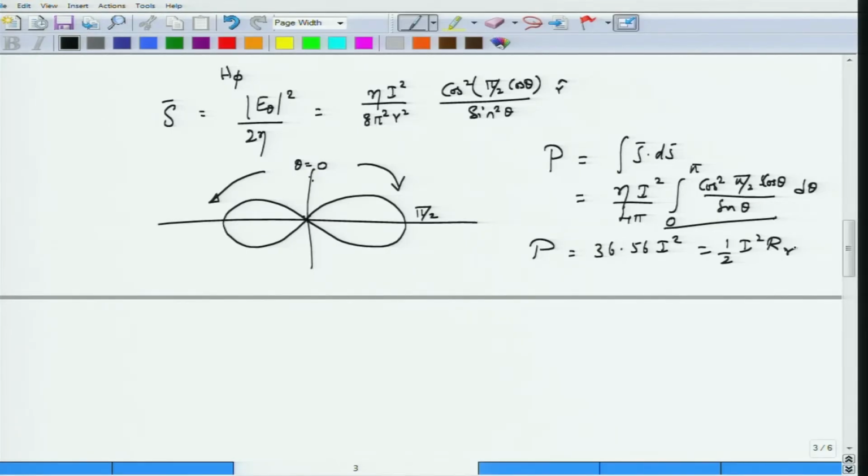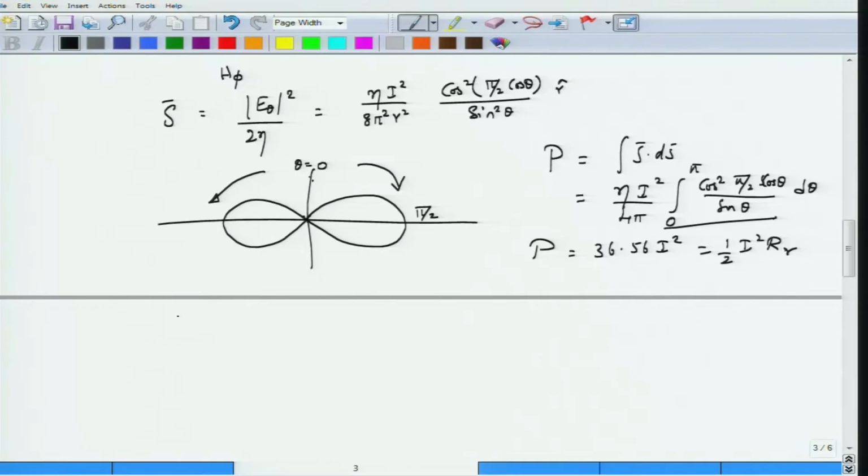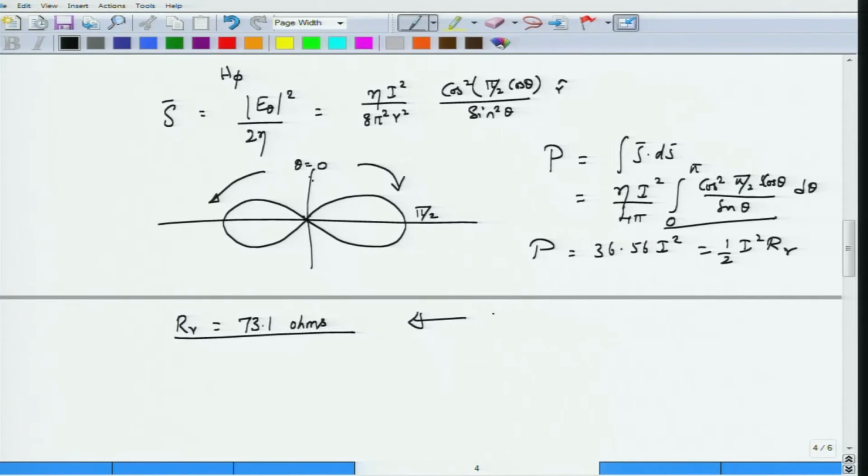So, this is a way of thinking of an antenna as a circuit element, and this equivalent circuit element is that of a resistor. So, cancel I square on both sides to obtain R, the radiation resistance of the antenna, as about 73.1 ohms. Okay. So, this is something that might be asked in your interviews. So, remember this value. This is for a lambda by 2 antenna, the radiation resistance is 73.1 ohms.